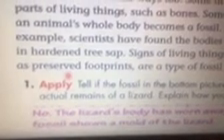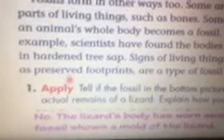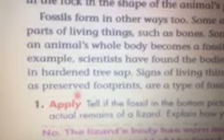Who can read for us question number 1? Okay. Tell if the fossil in the bottom picture is the actual remains of a lizard. Explain how you know. The answer is no. The lizard body has worn away.